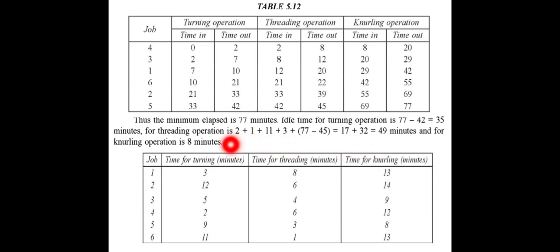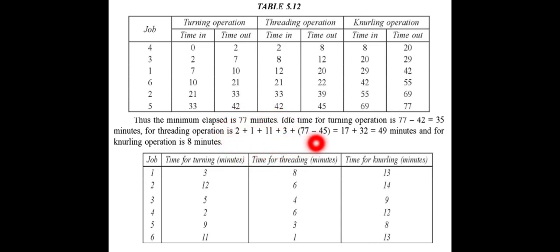So this 2 is, earlier while processing this job this machine is free, that is 2, and here 21 and 20, that is 1. Here 33 and 22, so 33 minus 22 will get 11, and here 39 and 42, so 42 minus 39 will get 3. So these are nothing but the idle times.